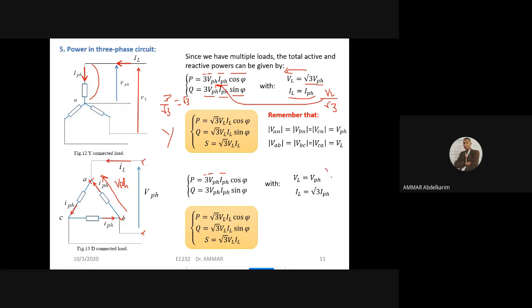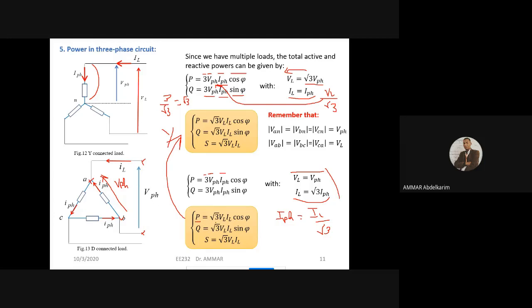Here in the delta connection, it's vice versa to the previous case. The line voltage equals the phase voltage, while the line current equals square root of 3 times the phase current. So if we replace the phase current, which equals line current over square root of 3, it will lead us to the same expression.